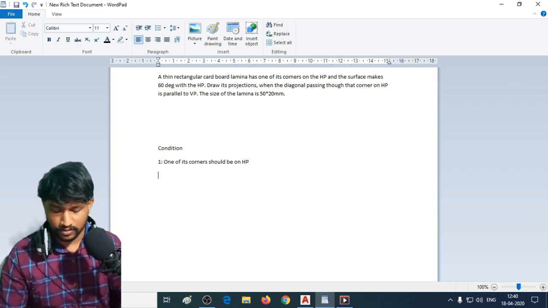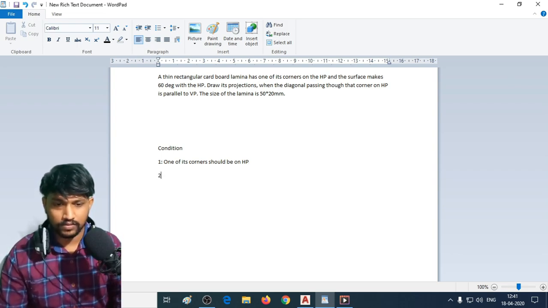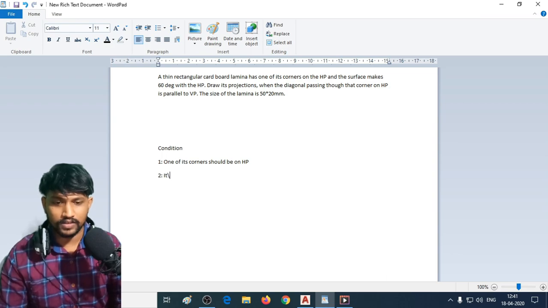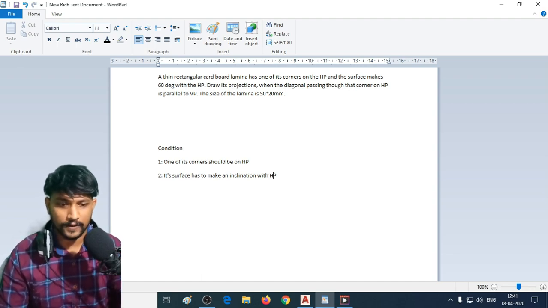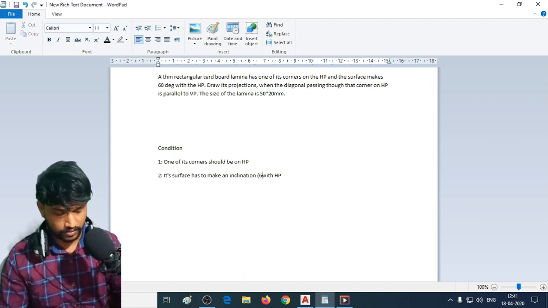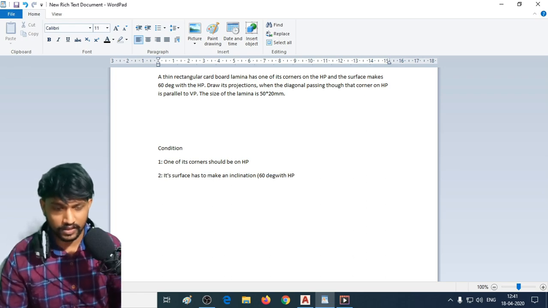Second condition: its surface has to make an inclination with the horizontal plane, in this case 60 degrees.